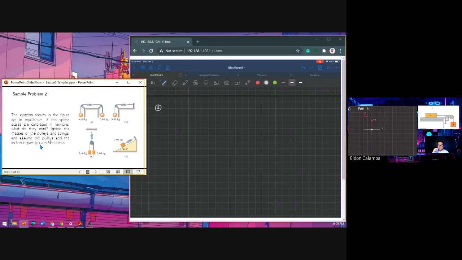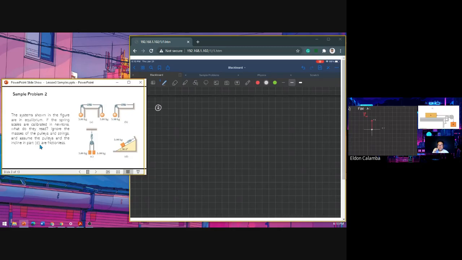So it should follow first law of motion. And by the way, first law of motion, sinasabi dyan if acceleration is equal to 0. Meaning to say, if it is at rest, it should be at rest perpetually. If it is moving in motion, it should be moving at a constant speed, not changing, so that acceleration should be equal to 0. So the systems shown in the figure are in equilibrium.